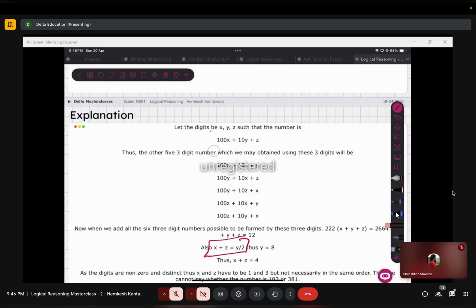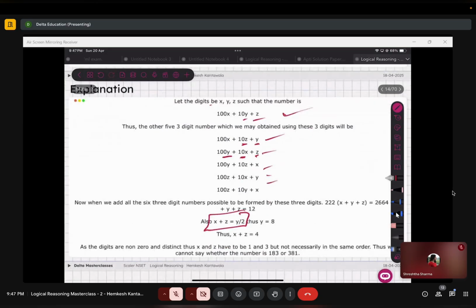So one way is this. The next way is this and this. This is the way in which x is at hundreds place, y at tens and z at ones. We reverse it, z at tens and y at ones, y at hundreds, x at tens, z at ones, and so on. If according to the question, we add this all up, we would find out this. Correct?